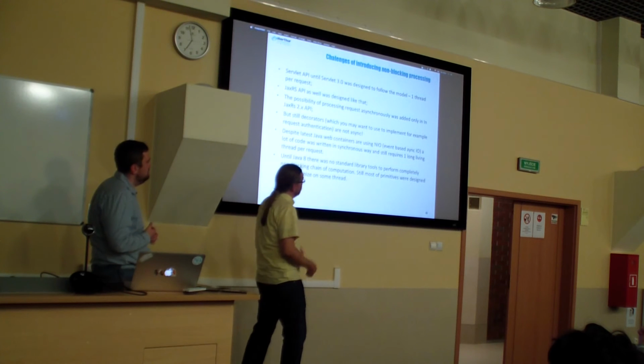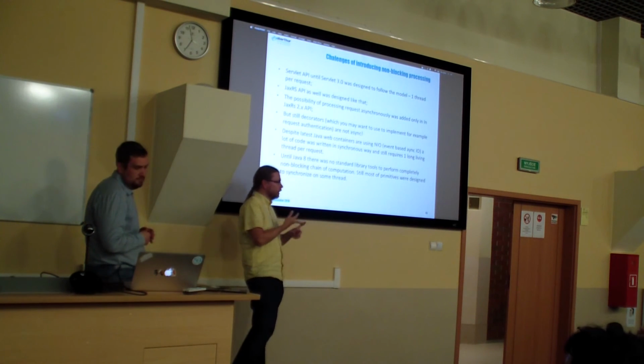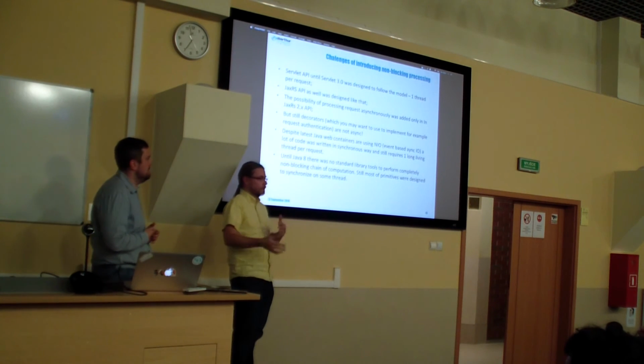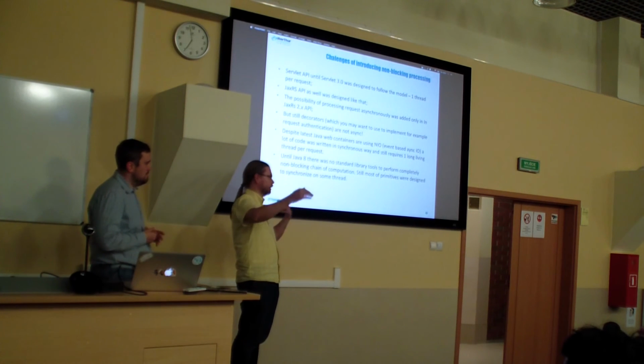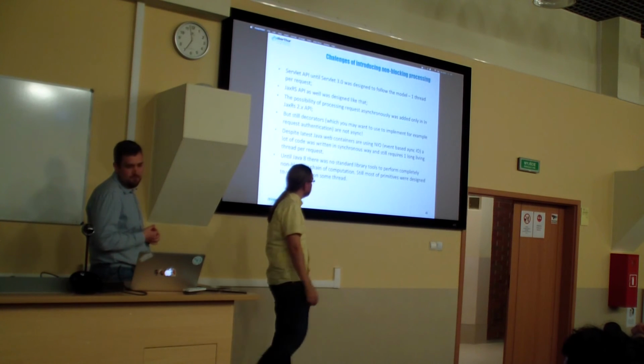For example, some decorators like filters are still designed in the JAX-RS spec as blocking. So we cannot use those fancy features of JAX-RS, like chaining and aspect-oriented programming, because this is meant to be blocking.